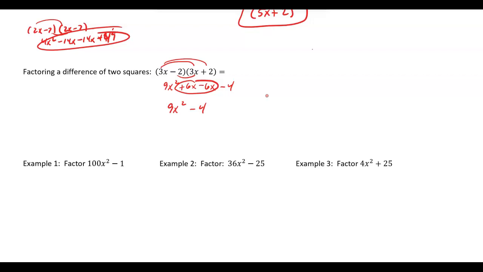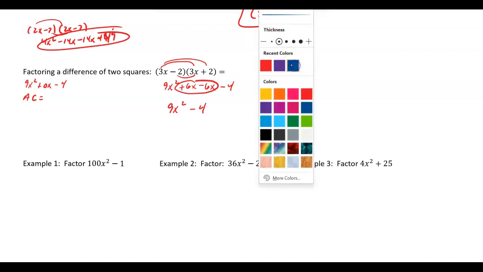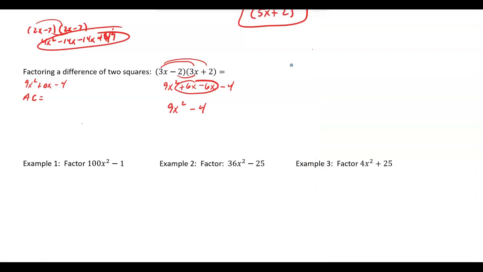I still could use AC method if I wanted to, if I made this 9x squared plus 0x minus 4. But anytime I have two terms linked by subtraction, what I'm going to do is see if I have perfect squares.